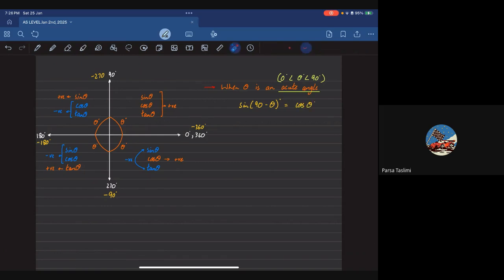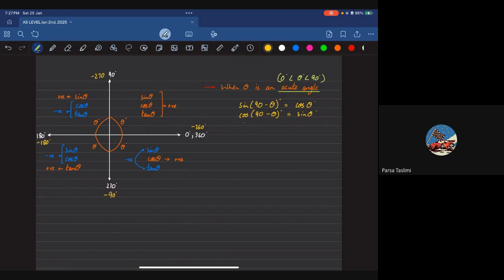If theta lies between 0 and 90, and you calculate sine of 90 minus theta, that is equal to the value of cos of the original theta. You can even test it out on your calculator. Very simple. Similarly, cos 90 minus theta will be equal to sine theta.